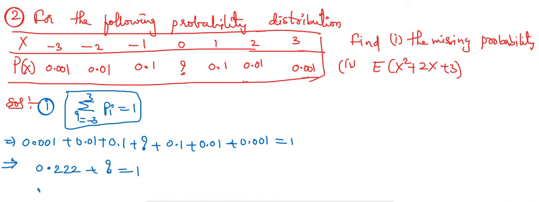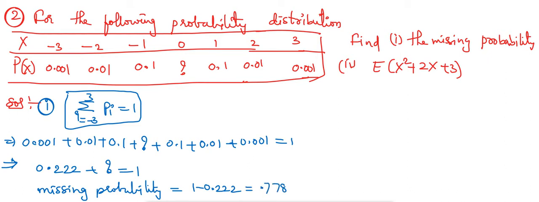Then the missing probability is equal to 1 minus 0.222, which is 0.778, the missing probability.